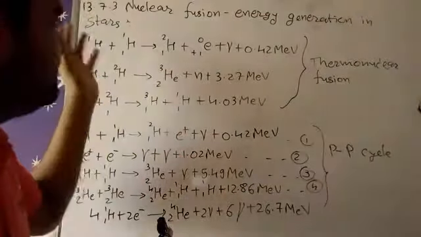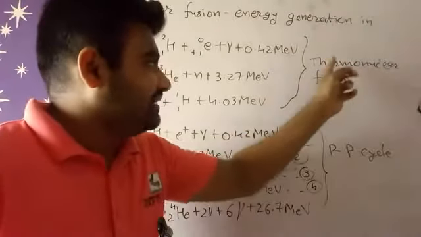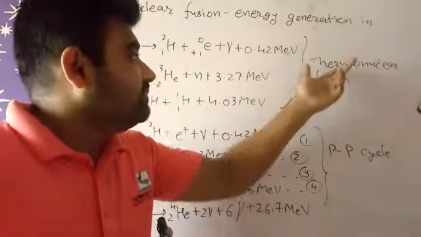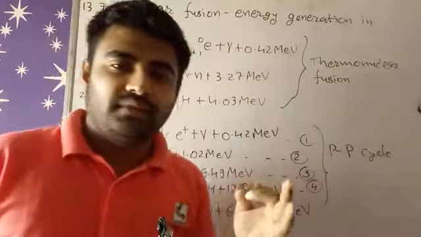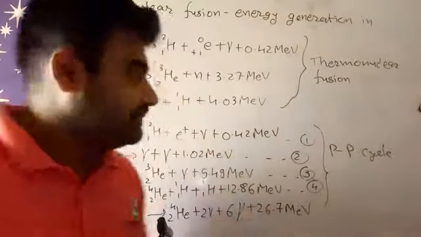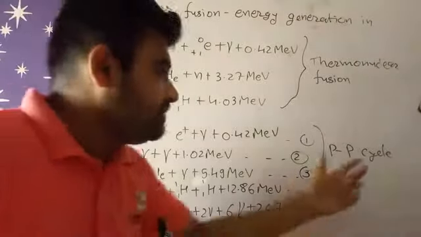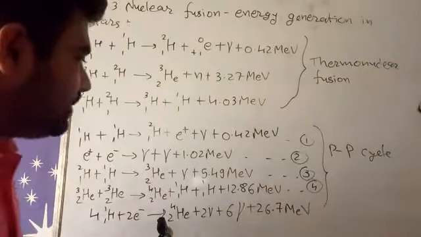That's why this reaction is known as thermonuclear, because in this process temperature is used. That's why we use the term thermo. It is related to temperature. Now in this process we have the pp cycle, the proton cycle. Again two hydrogen.